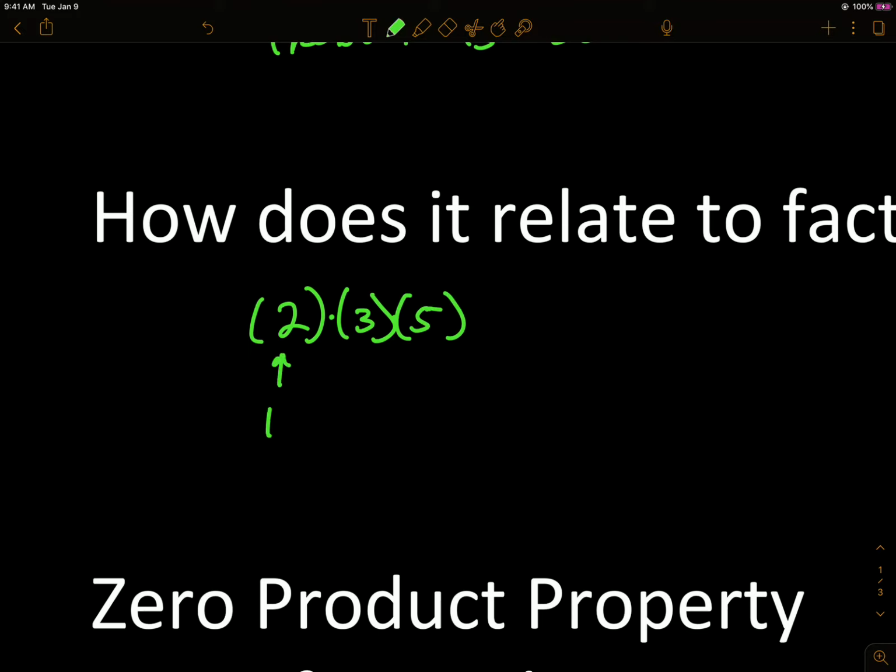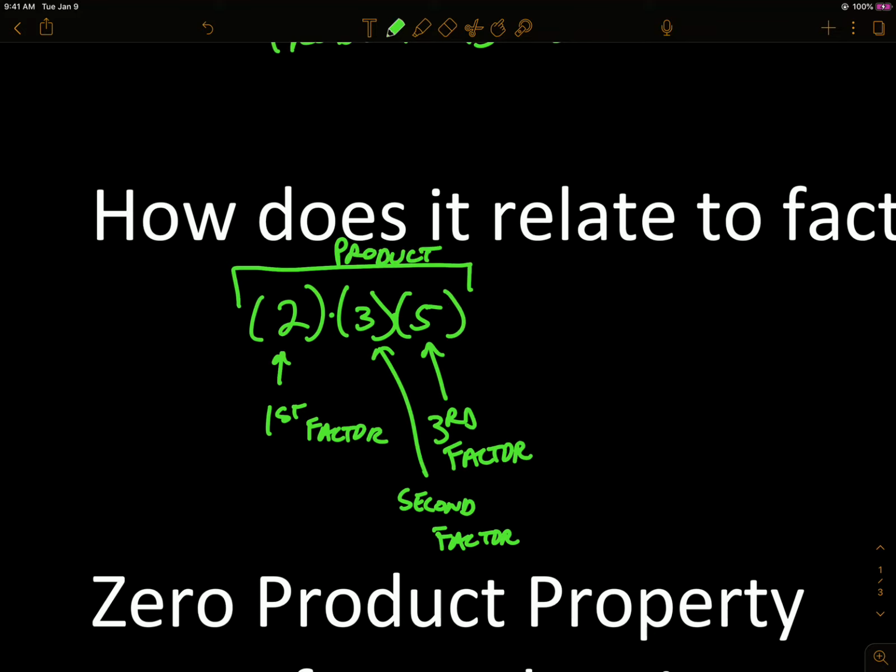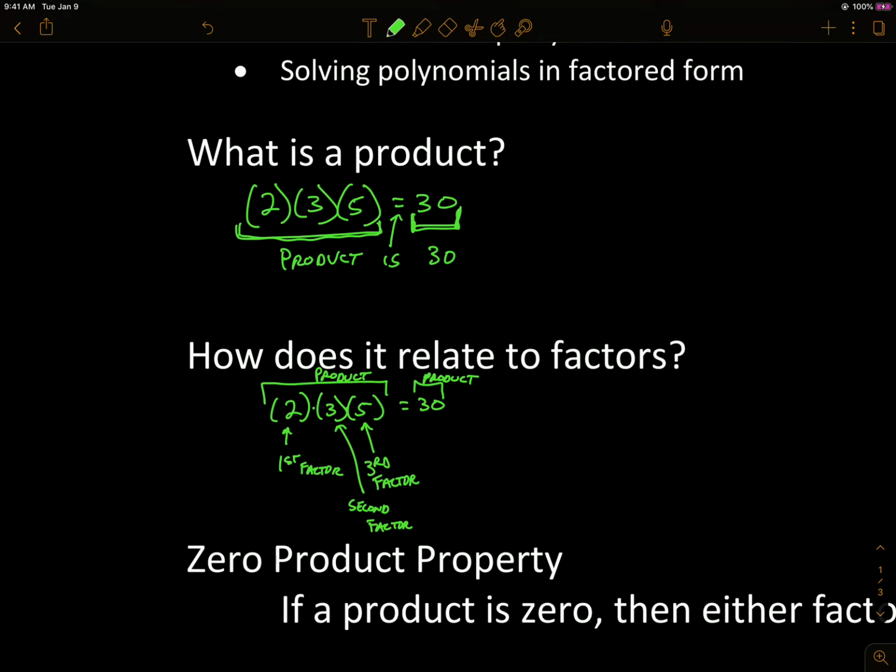So this is the first factor, this is the second factor, and that is the third factor. But together, we would call that the product. And a lot of times we just refer to the result. The product, in this case, is 30. So I could also call that the product. All right, so that's how it relates to factors.